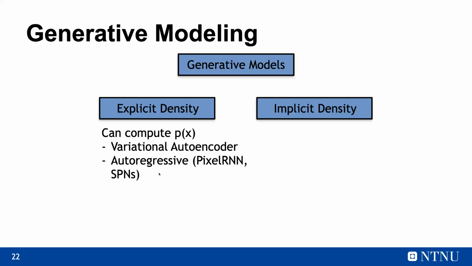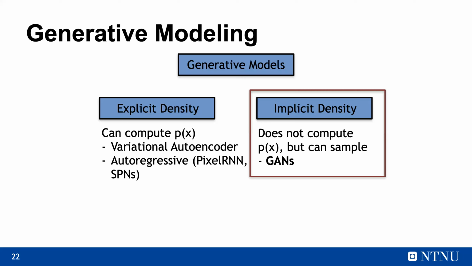The downside of these, or what is required to achieve this, is often you need to make approximations on the objective function, or you need to make some assumptions on what the underlying function of the distribution is. On the other hand, we have implicit densities. We don't make any assumptions on what the training distribution looks like, but we just assume that we're able to sample from it. And this is the GAN case, and this is what I use in my research.